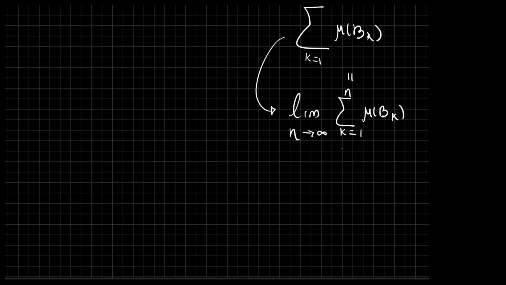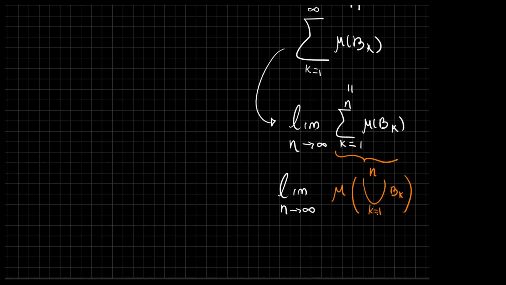And given that every Vk is pairwise disjoint, this is equal to this finite union. This is a property that we showed before. So this is the limit here.